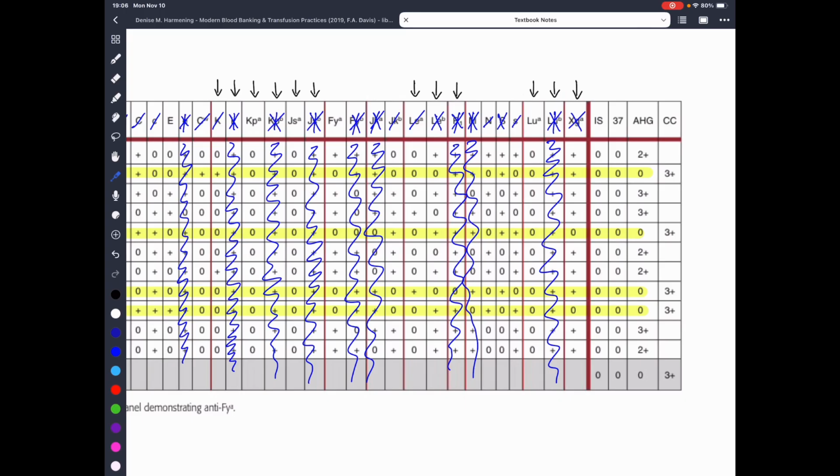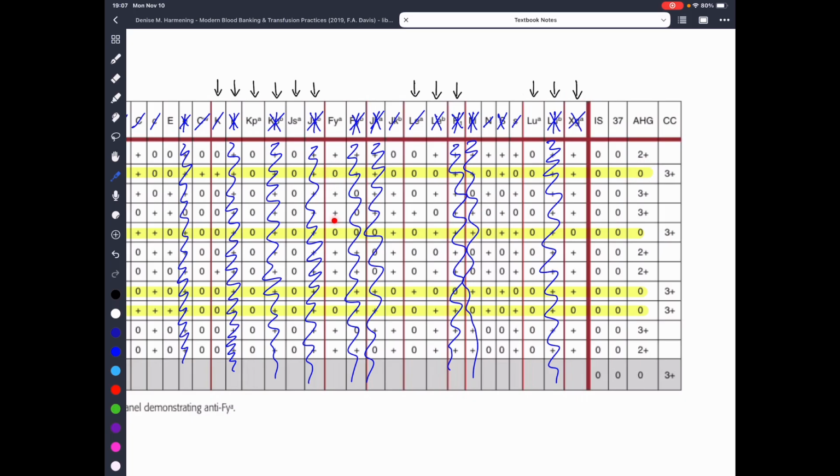Alright, so we have plus and 0. Right off the bat, this matches the patient results, plus and 0. In reagent 1, FYA is present on the surface of the red blood cells, and here there's agglutination, meaning the patient's antibodies recognize something in the reagent cells. Here, there is no FYA, and when there's no FYA present, there's no agglutination.